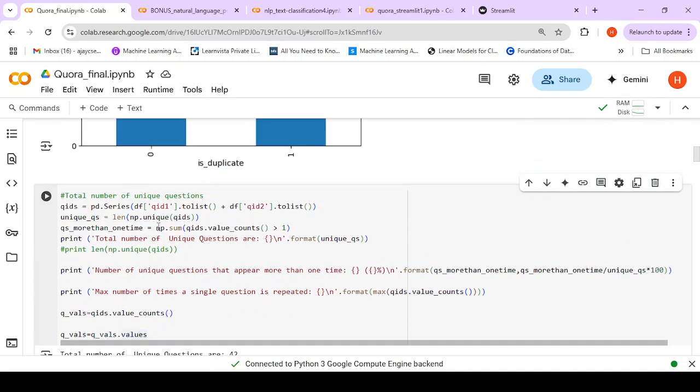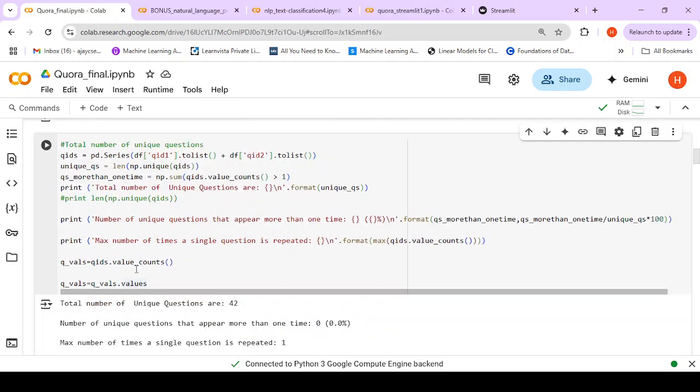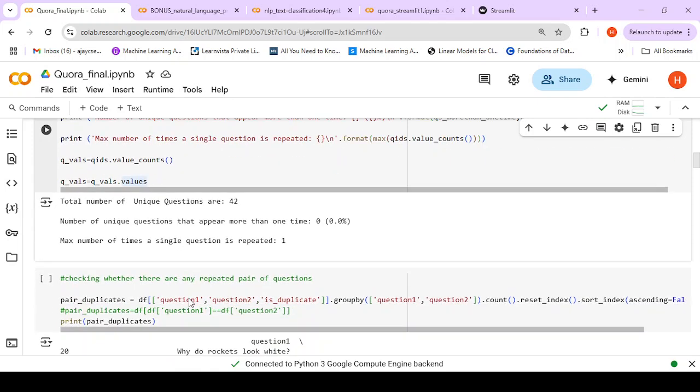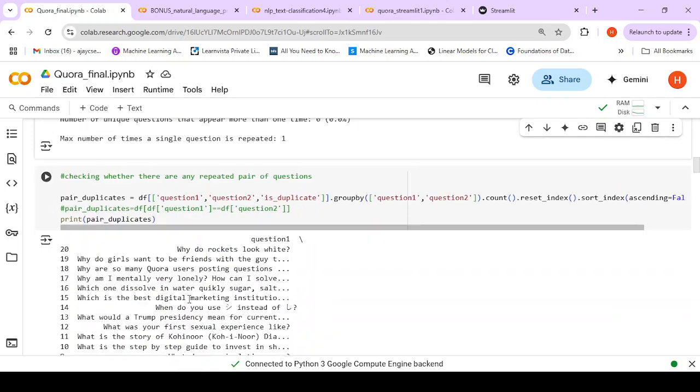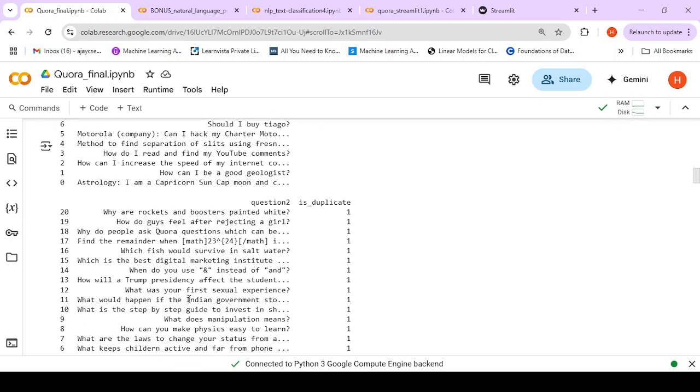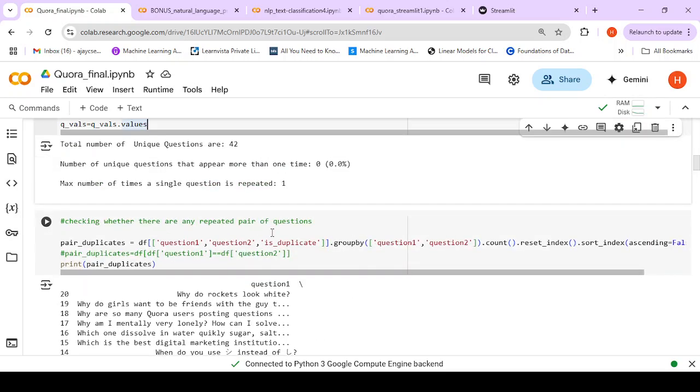So for processing reasons I have taken only very few questions, which is 21. In a larger set, this is actually a 4 lakh record data set. So this makes sense to filter out the records. So I remove the ID from the questions. I group by question 1 and question 2 and count, and reset the index.